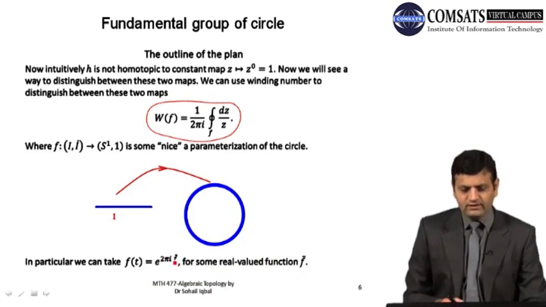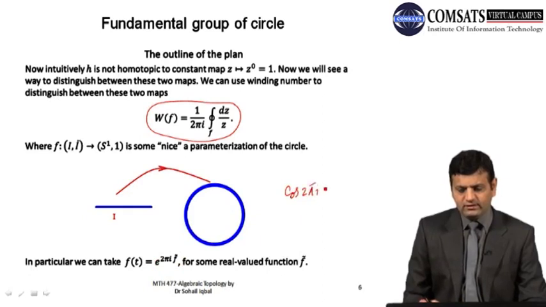As we can see, these are again going to be points of the circle, because the values are cosine 2 pi f tilde plus i sine 2 pi f tilde.